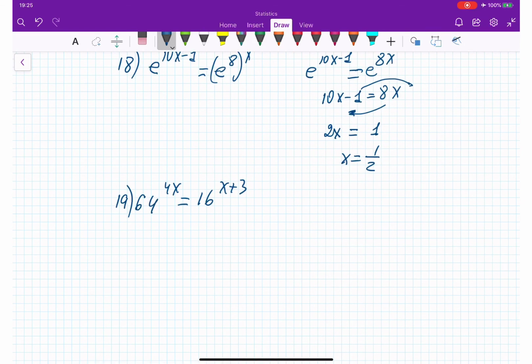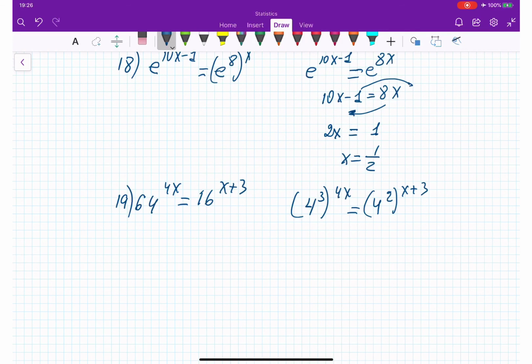So I need to bring them to the same common base, right? 16 to no power, whatever power I raise, I will never get 64. But both of them I can bring to base 4. So 4 to power 3 is 64. So (4^3)^4x is equal to 16, which is 4 to power 2, to power x plus 3.